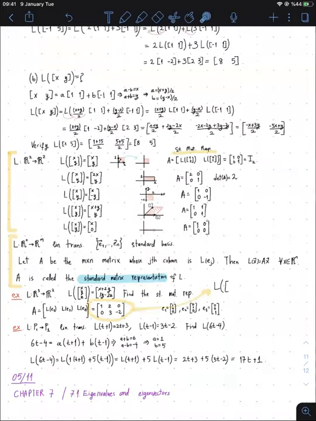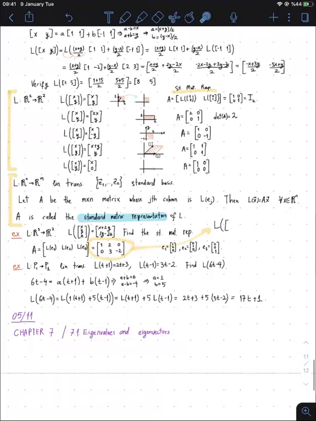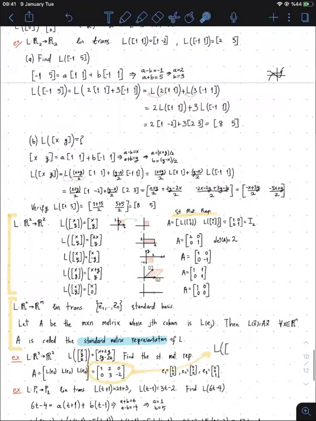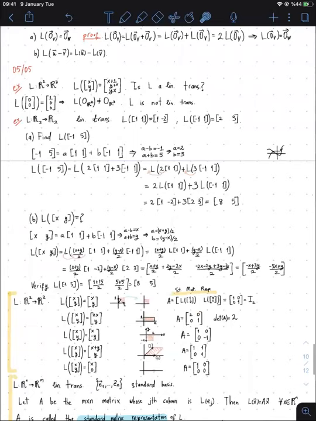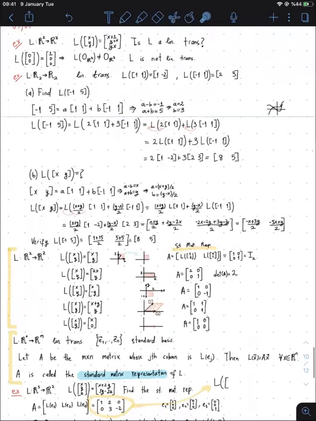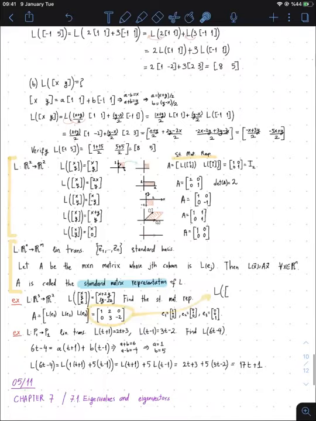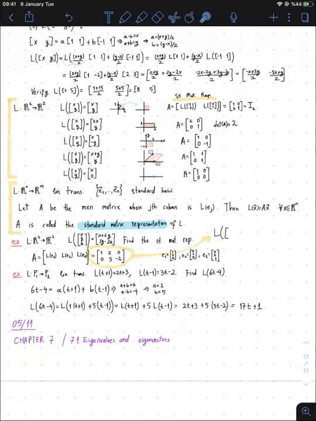What is a standard matrix representation of linear transformations? You take the standard basis.